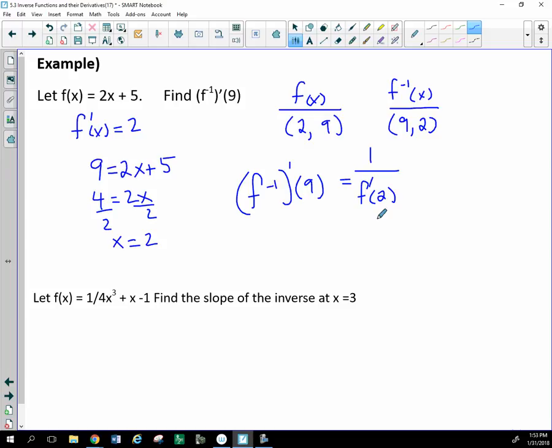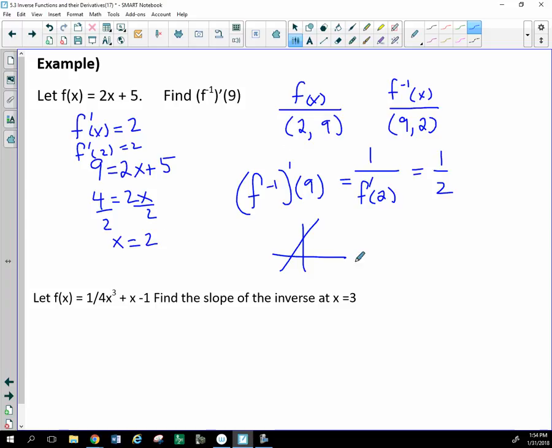In this case, it is always going to give me a fraction of 1/2, because the derivative of the original function at 2 is 2, since it's a line that would look something like that. So it always has a constant slope, so the inverse slope would be 1/2. All right, and that's really what we're looking for.